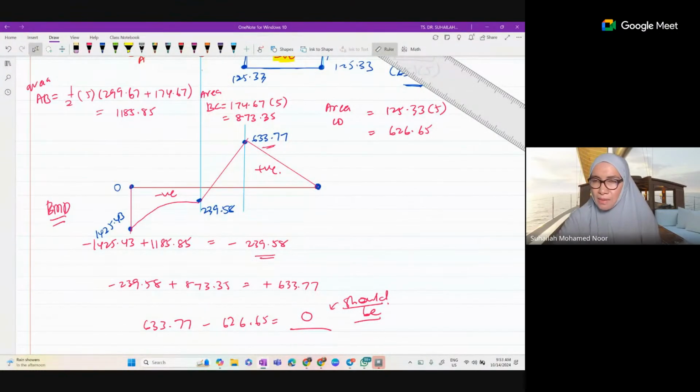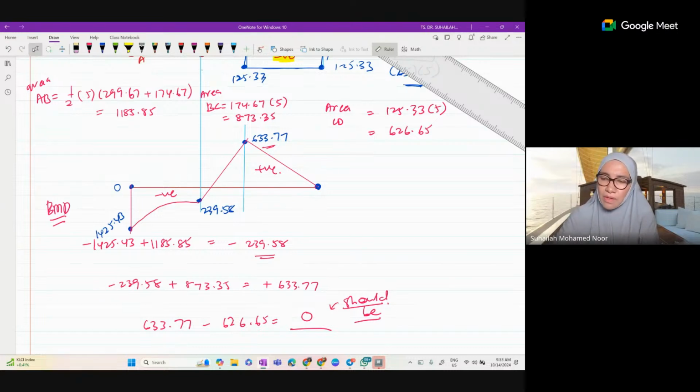So the analysis is indeed the course outcome, the learning outcome, for the flexibility method until we get the reaction. But still we have to understand that in structural analysis we want to calculate the behavior of the structure.